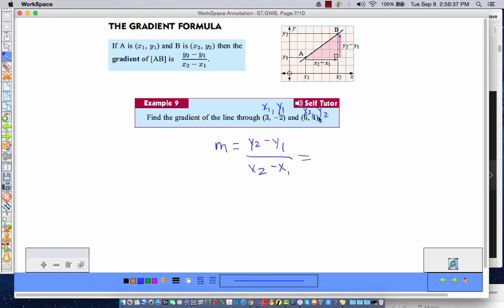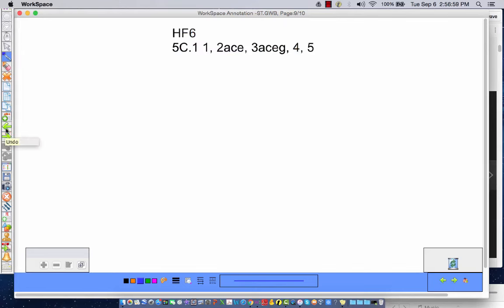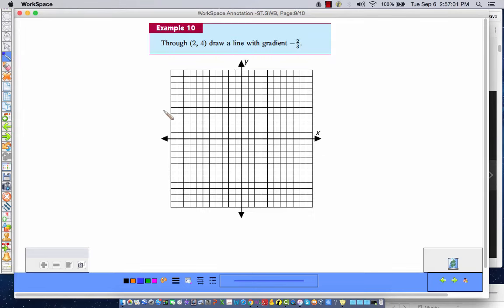So then in this case, 4 minus a negative 2, all over 6 minus 3 is equal to, this becomes plus, 6 over 3. So this would have a slope or gradient of 2. And then the last thing I'll give you, oh, that was your homework.